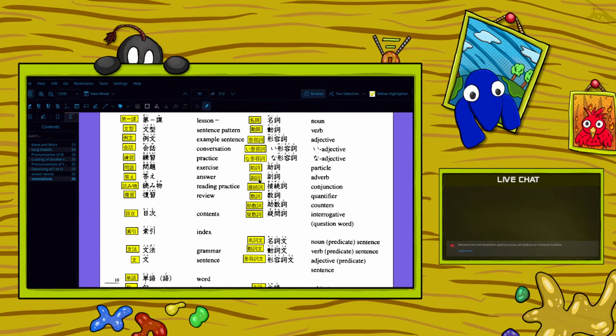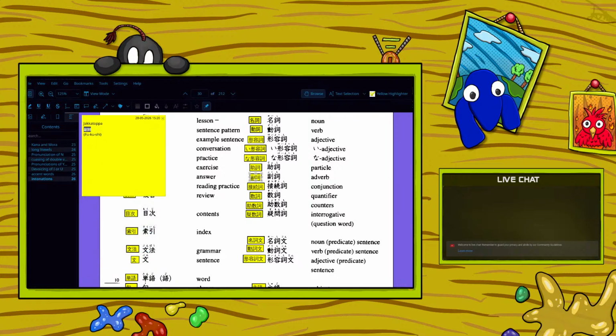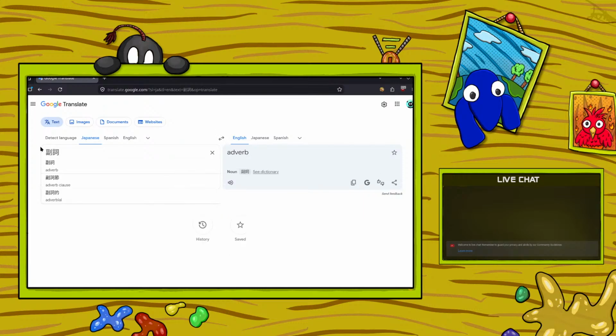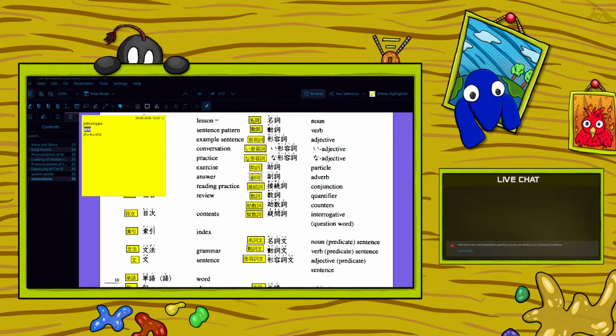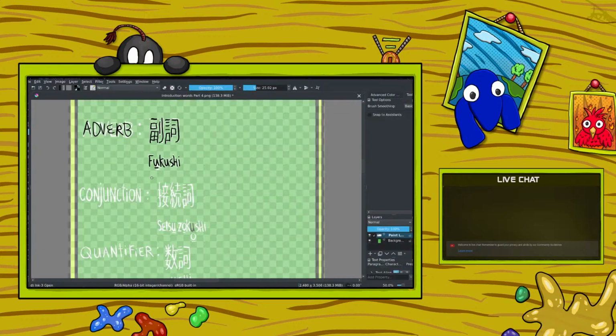Here it is. Fukushi. So yes, Fukushi is that. And if I type it in here, it should do the same thing. An adverb. 福祉, Fukushi. So indeed, that is correct.